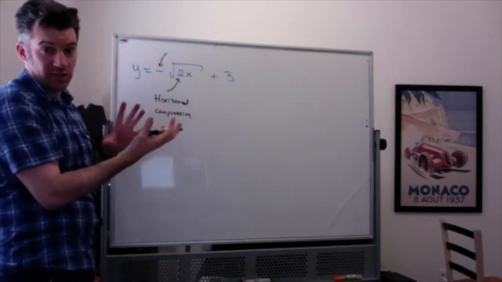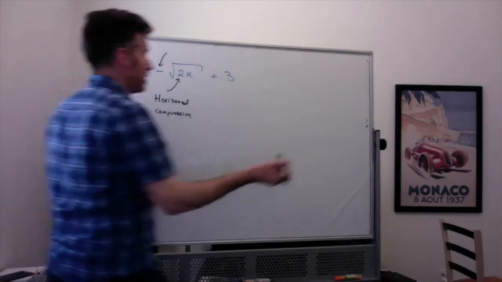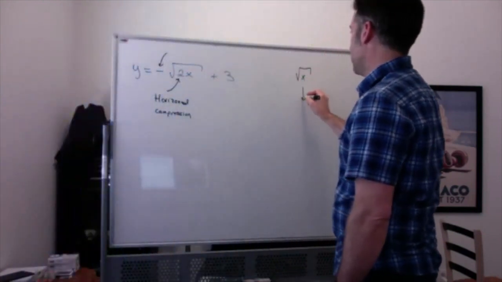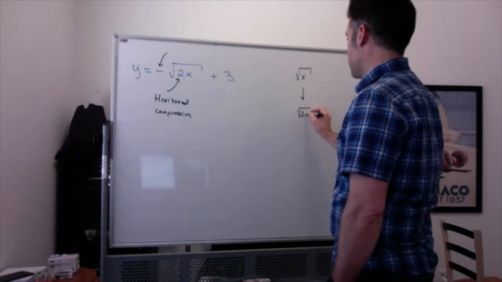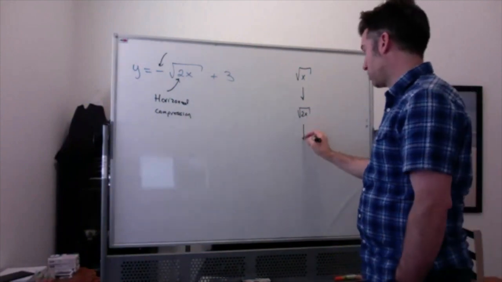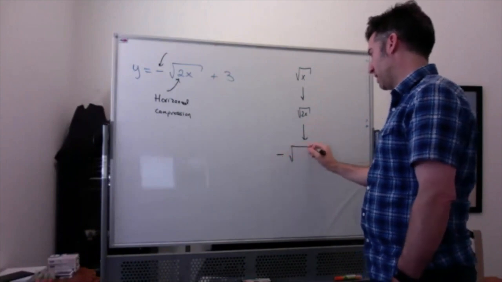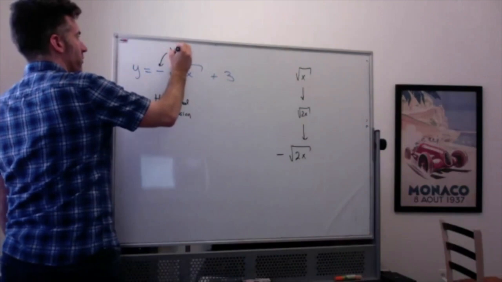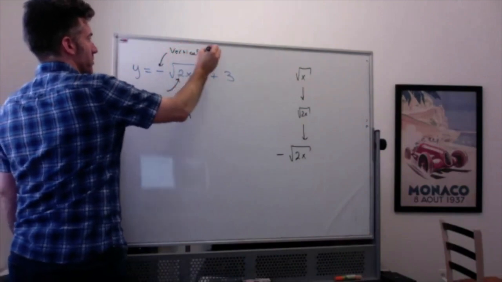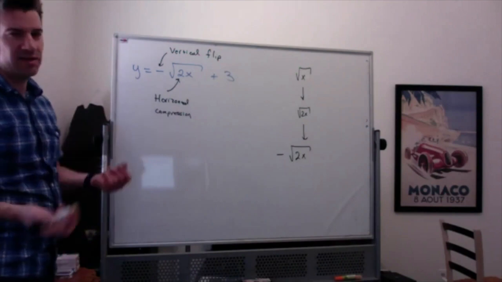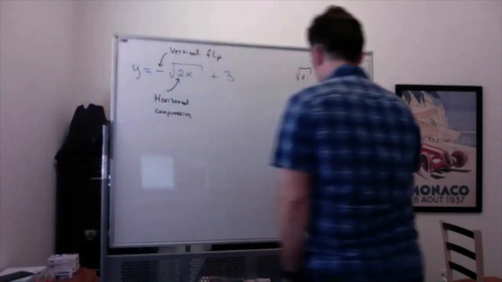I'm thinking of the function as the square root function. You can even think of it this way: I'm starting with the square root of x. Then I have the square root of 2x, that's my horizontal compression. Then I'm going to put a negative on the outside, negative square root of 2x. That's also going to give me a vertical flip. I could say this a different way, but I'm going to say it this way. And then I'm going to add 3.